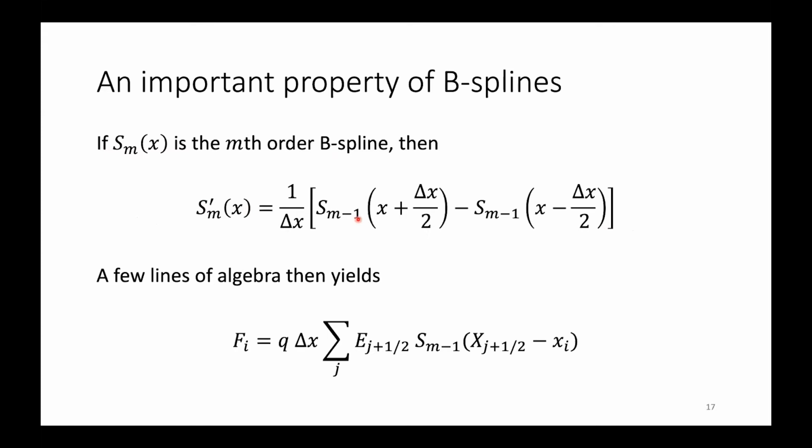And if we substitute this relationship into our gather step, then we find out that we can equivalently compute the gather as an interpolation of the edge electric fields using a B-spline one order less than our gather step. And this is great because en route to computing the nodal electric field values, VSim actually already computes edge electric fields. And so we can just hook this right into VSim.